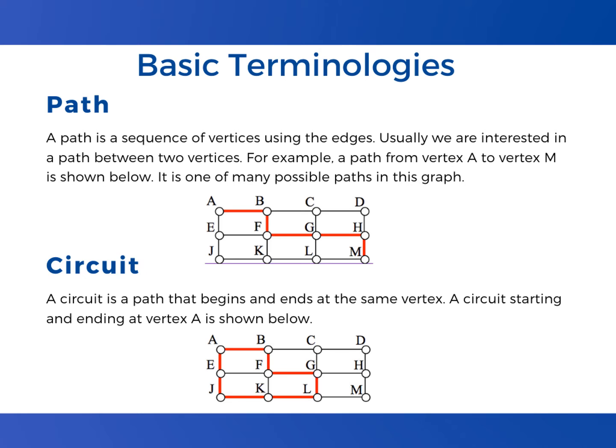In this, we are only interested in arriving from point A to M, no matter which edge we choose, as long as we get to point M, like the one shown below. There could be other paths as well for this example. On the other hand, circuit refers to a path that begins and ends with the same vertex as seen in the second graph below.